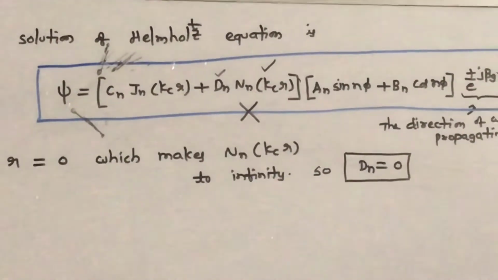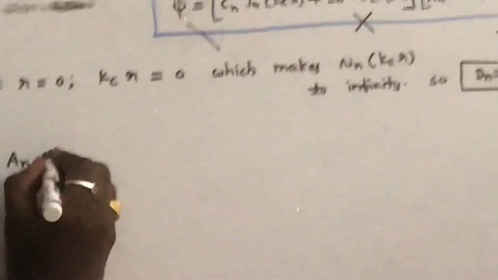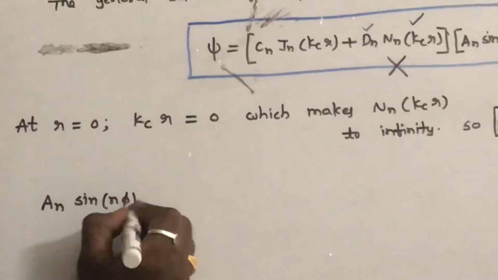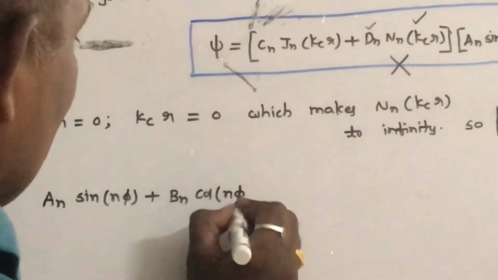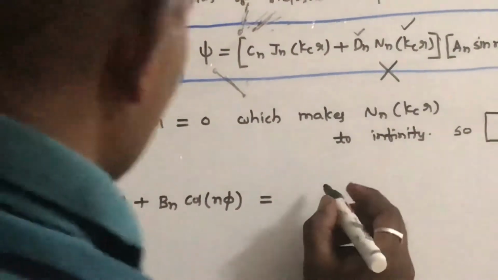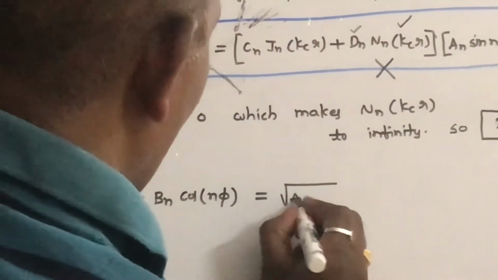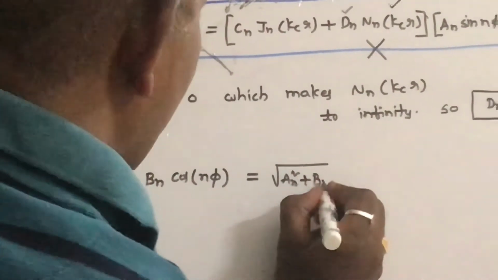This is written as an of sine of n phi plus bn of cos of n phi. Multiply by square root of an square plus bn square.